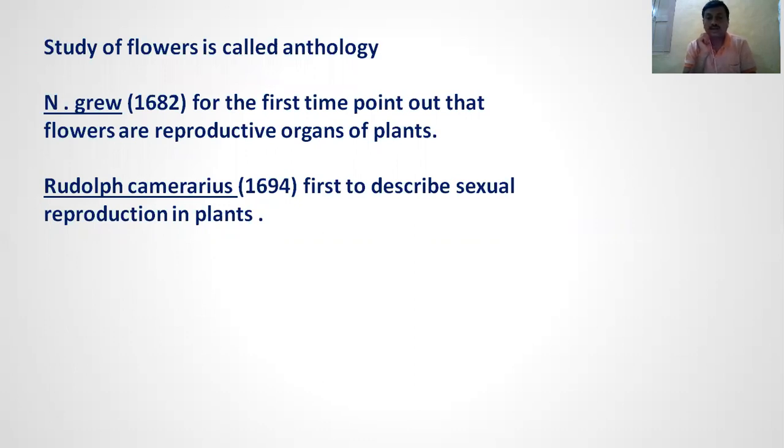Then Rudolf Camerarius, in 1694, was the first to describe sexual reproduction in plants, meaning the flower structures. This whole study of the flower is also called anthology.